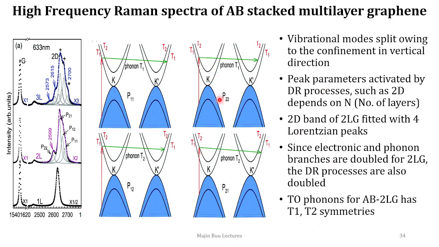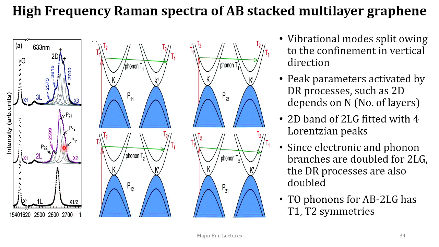Now, as far as the high frequency Raman spectrum is concerned for a multi-layered graphene structure, here again we try to understand it with a two-layered graphene structure. You have the 2D band, as seen, which is essentially a two phonon double resonance process that occurs at a high frequency or a wave number of around 2600 to 2700.